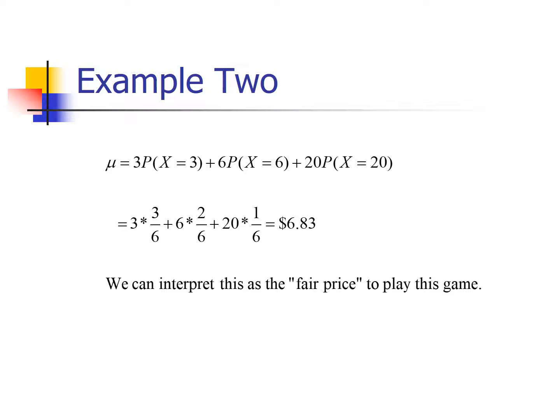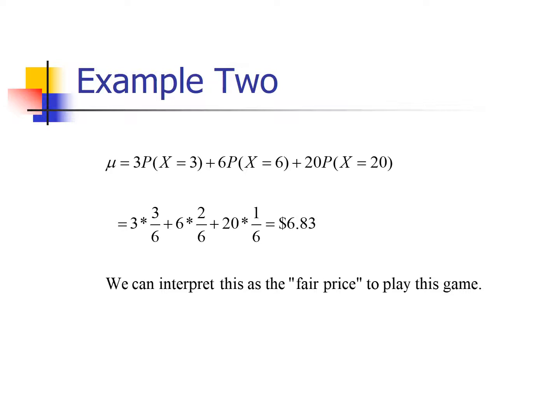If I charge you less than $6.83, you're getting a good deal. And if you play long enough, remember, that's the key idea. We talked about this in Chapter 3. Probabilities, and consequently random variables, are statements in the long term. If you play long enough, you're virtually guaranteed to make money off me if I'm charging less than $6.83.